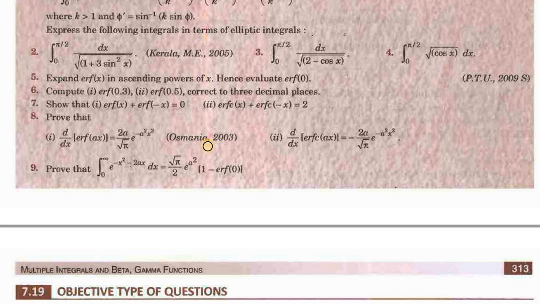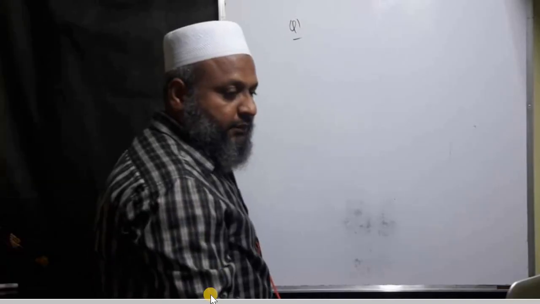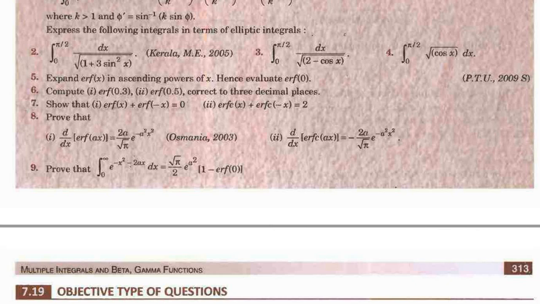Prove that d by dx of the error function at ax is equal to 2a by root pi e to the power of minus a square x square.